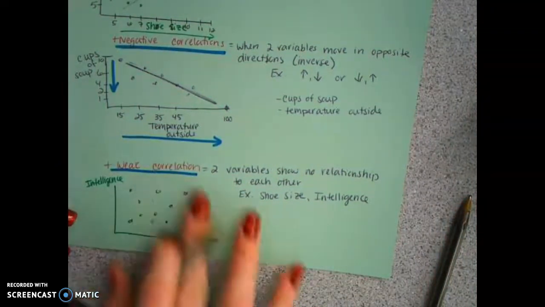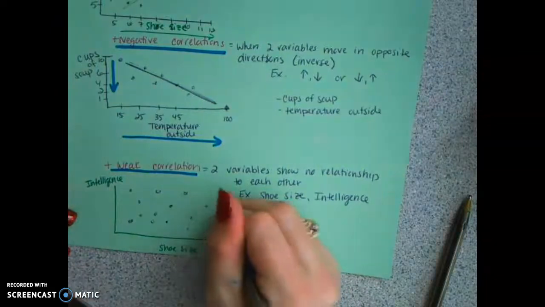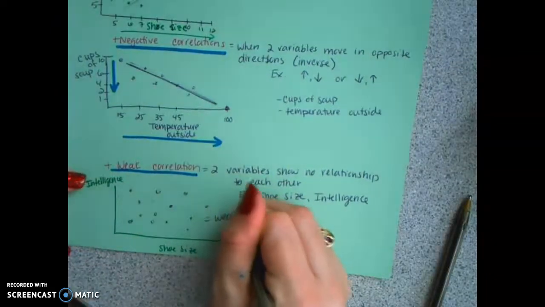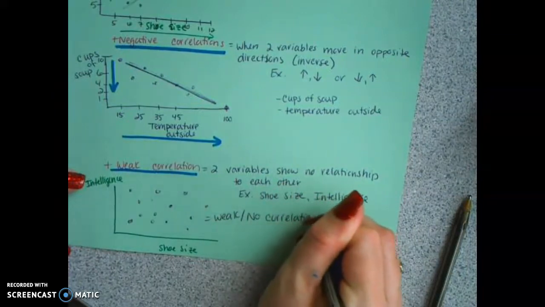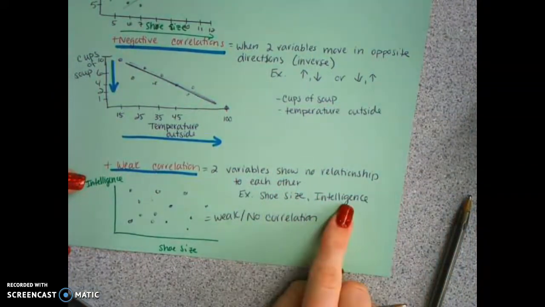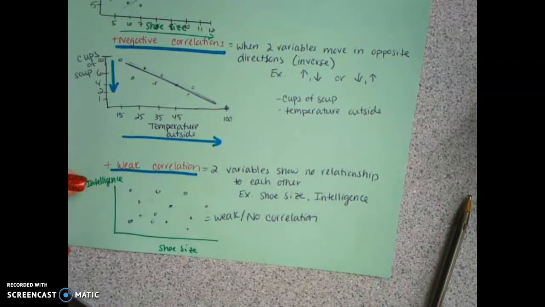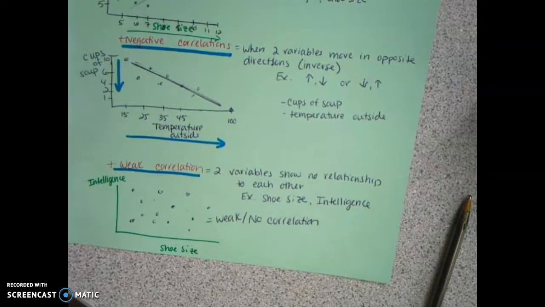And when you have a scatter plot that looks like this, that means that there is a weak or no correlation between those two variables. There is no relationship between shoe size and intelligence. Okay? We're going to pause right here, and I'm going to make a part 2 video talking about correlation coefficients.